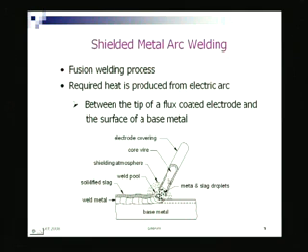Whereas, in that heat the flux will burn and generate some gases. Those gases protect the arc column, the plasma column. The plasma column also needs to be protected from atmospheric contamination. Why? Because through the plasma column you have the metal droplets getting transferred. The electrode tip is also there at that high temperature.